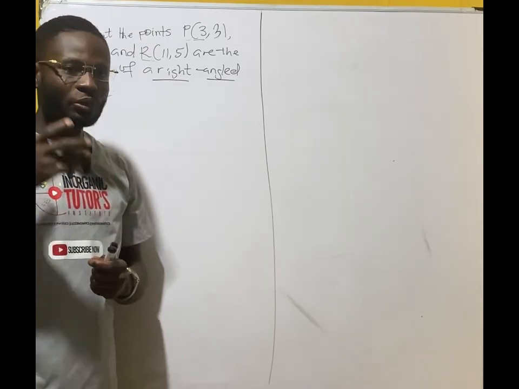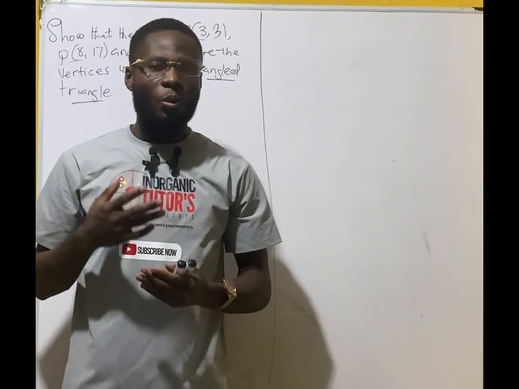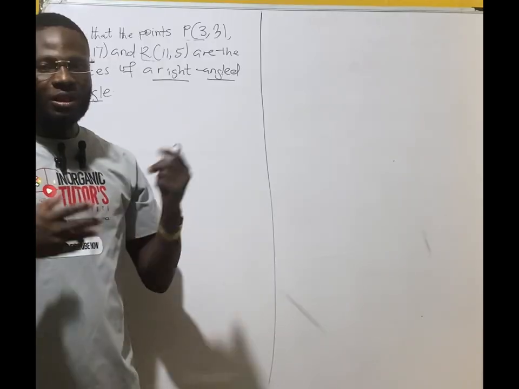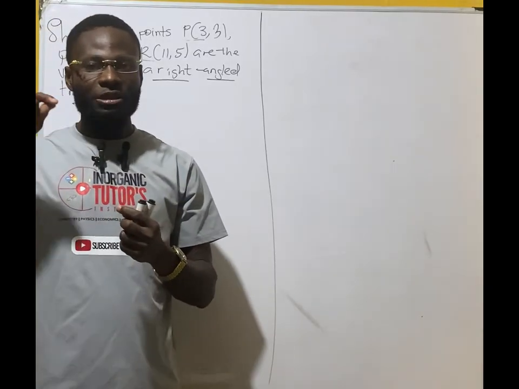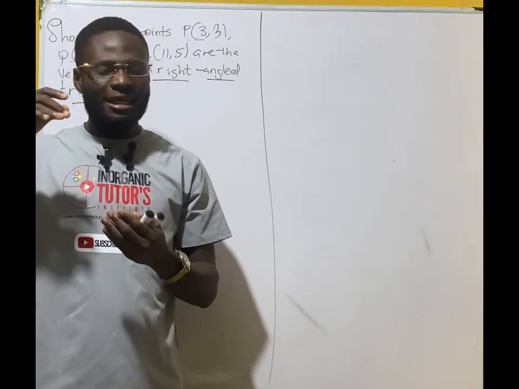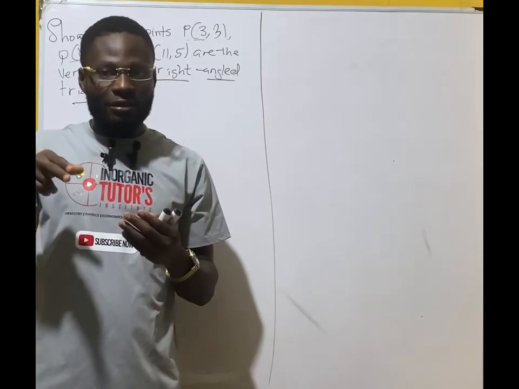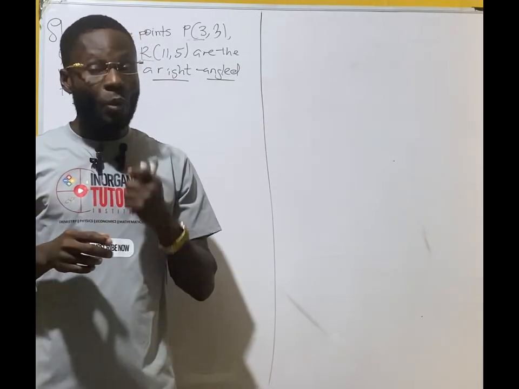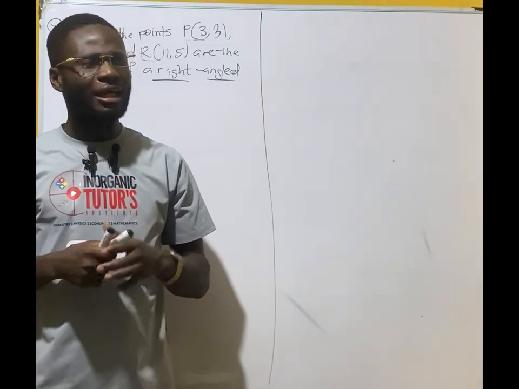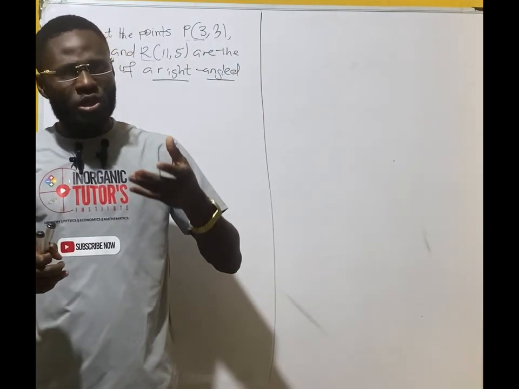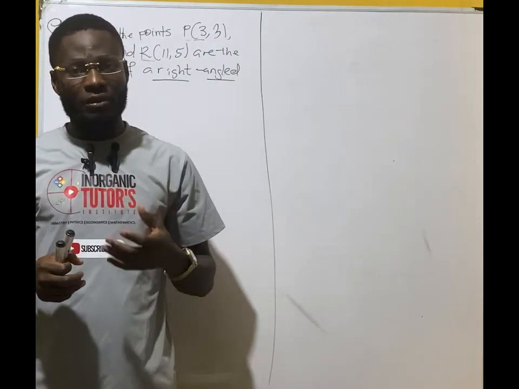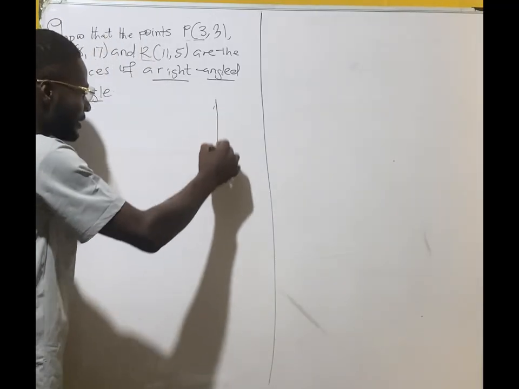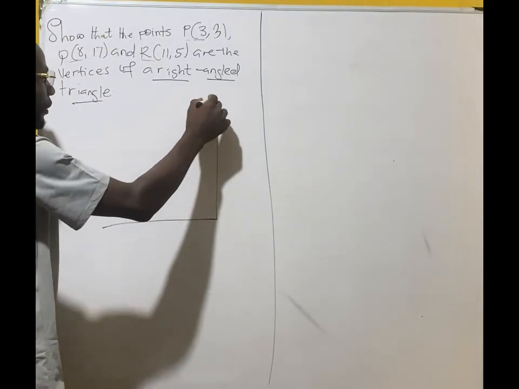Once you sense this kind of question, the first thing to think of is a right angle triangle. When you mention a right angle triangle, it means that it forms an angle of 90 degrees inside, and then we are going to use the Pythagorean theorem.